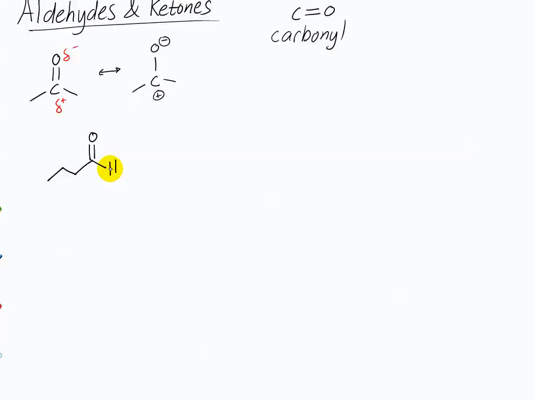So does anybody know how you would name this molecule? Butane with al. Yes, butanal. So we kind of exaggerate that al to separate it from the all of the alcohols.